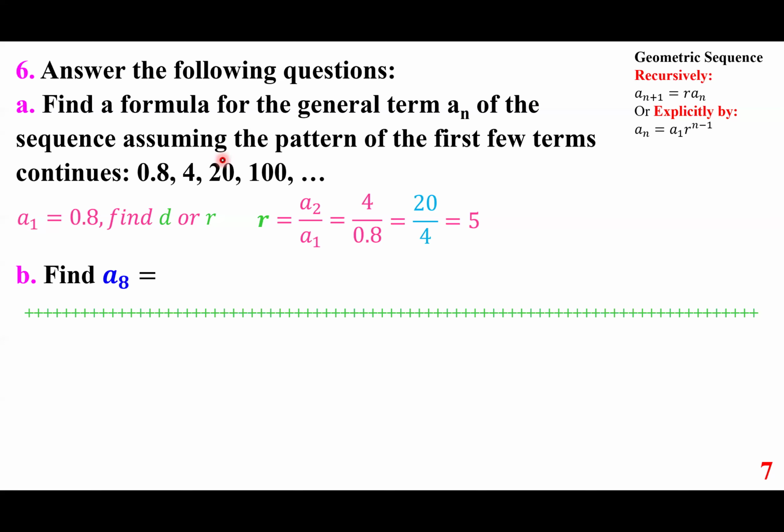And that proves it's a geometric sequence with r being 5, and you don't have to look for d. Clearly, the difference is not a constant. And so we use a sub n equals a sub 1 times r to the power of n minus 1, and we replace a sub 1 with 0.8 and r with 5.